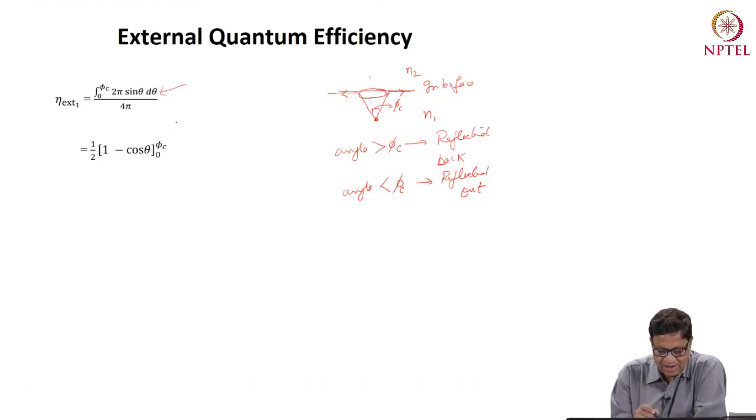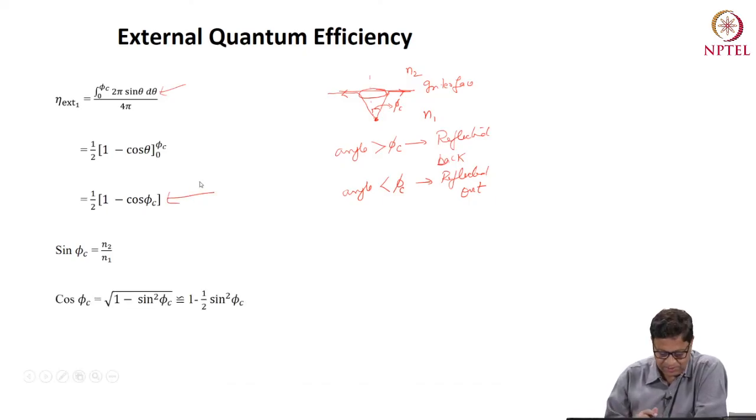I can solve this integral with limits from 0 to phi c, and this gives me half into 1 minus cos phi c, and we know from Snell's law that sine phi c is equal to n2 by n1, since the other angle is 90 degrees, whose sine is 1. So sine phi c can be converted into cos phi c and put in this expression.